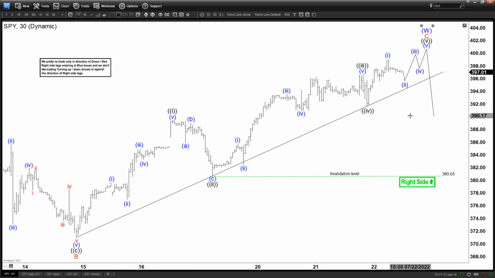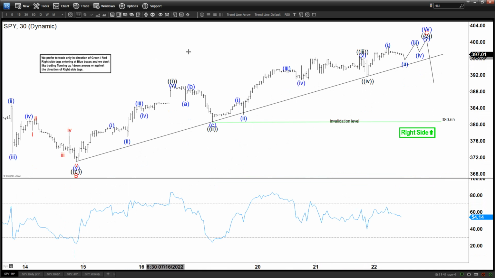If we do get a break below, then this cycle can be considered completed, and that means we should be at least correcting the cycle here in the near term, at least correcting this 5 waves up. You can see in the RSI momentum, we already can see divergence.